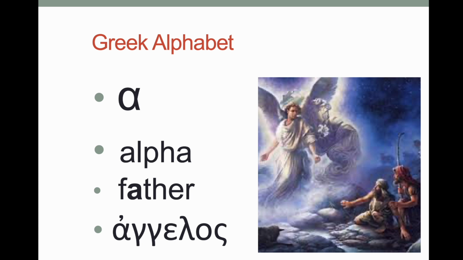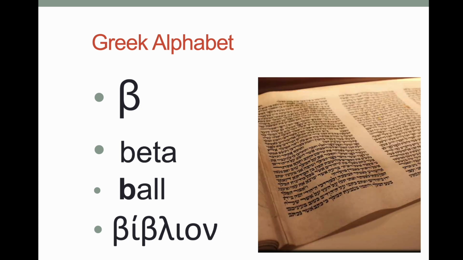We begin with alpha. And alpha makes an ah sound, like you would find in the English word father. The Greek word that I have there is the word for angel or messenger, and so it's pronounced angelos. Next is beta.